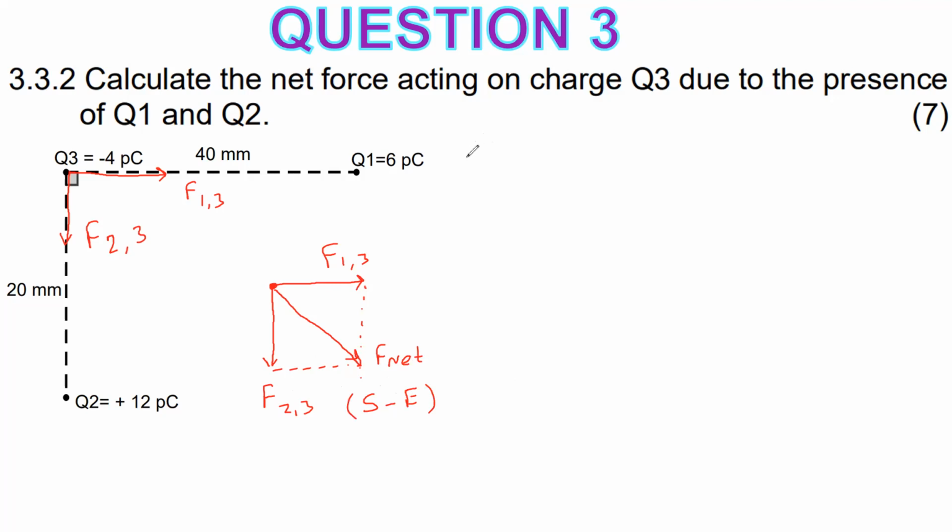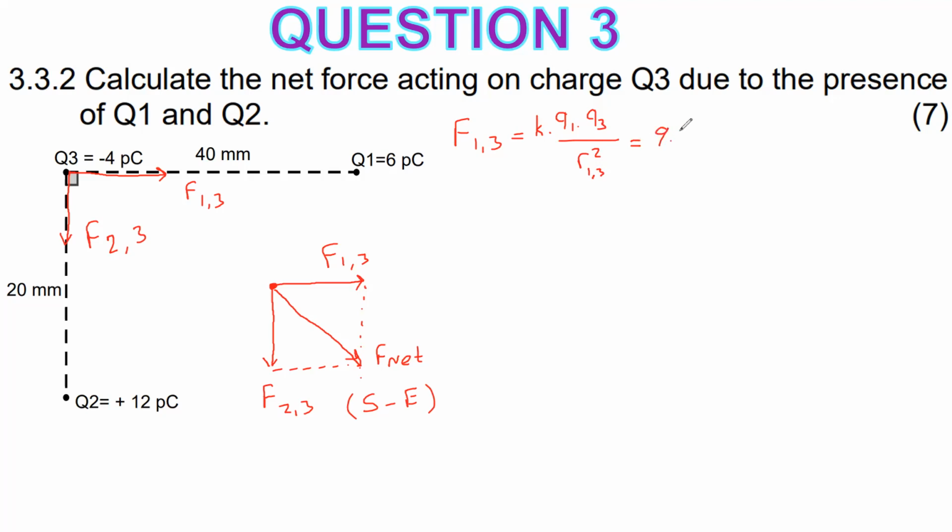All right. So let's calculate F1,3 first. F1,3 from 1 to 3 charge. We are calculating K times Q1 times Q3 over R square. Which R are we using? 1,3, distance between 1 and 3. We are using this distance. Let's continue.